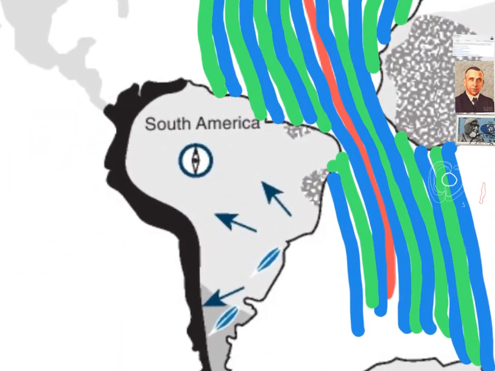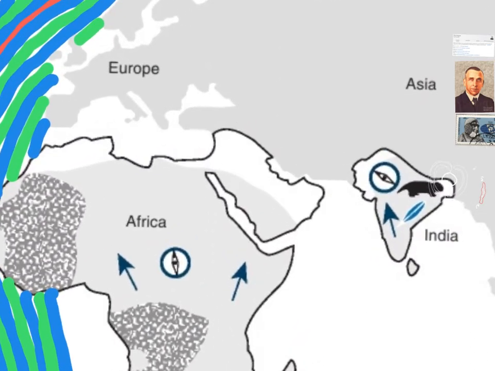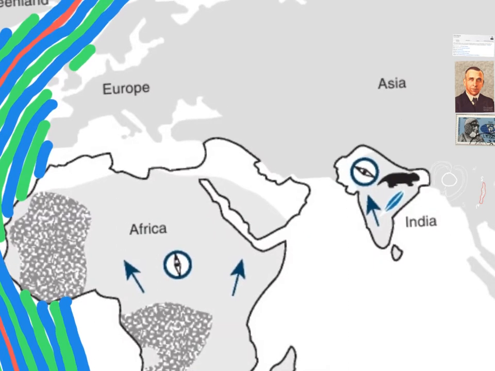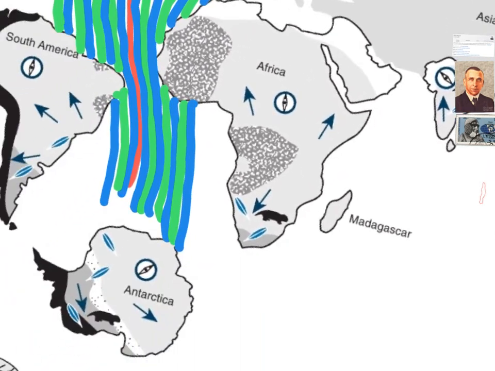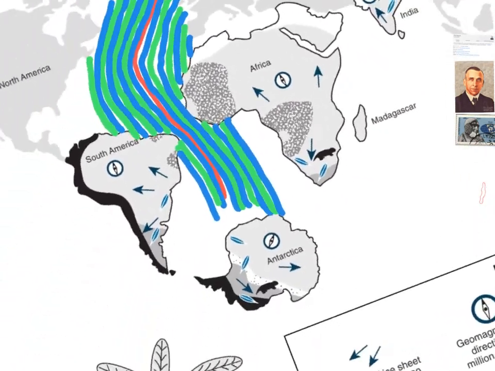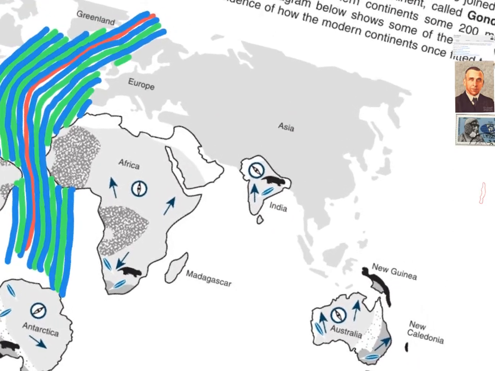South America was pointing pretty much in the direction it is now. Africa used to be pointing in this direction, but now it's pointing in this direction. So it was like this. Antarctica was like this, separately moving around horizontally on an axis.